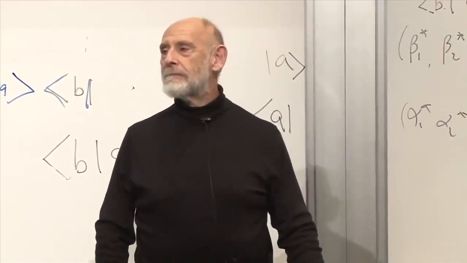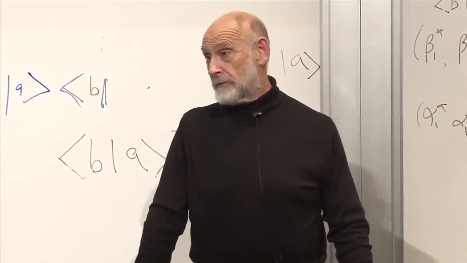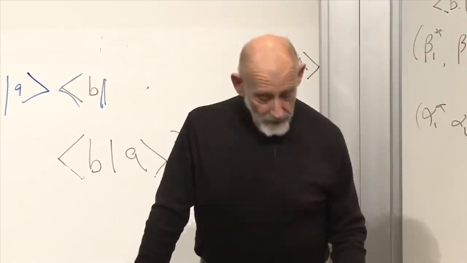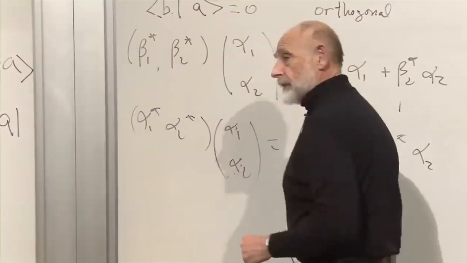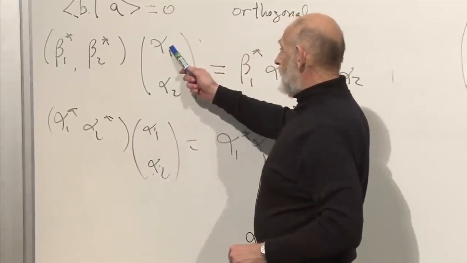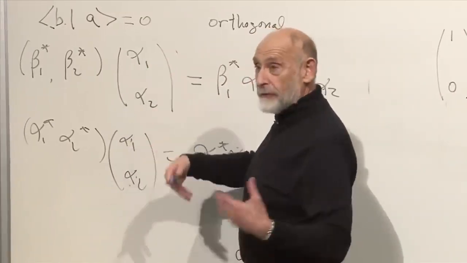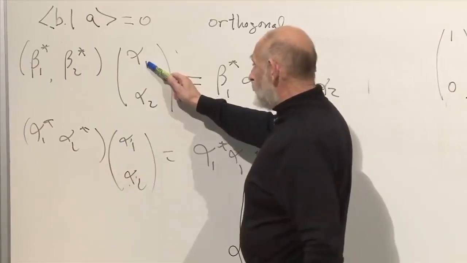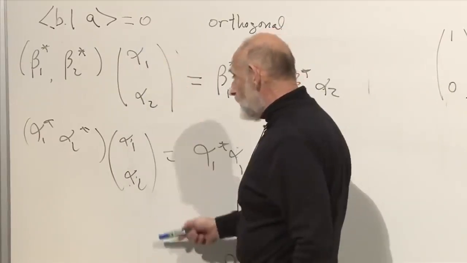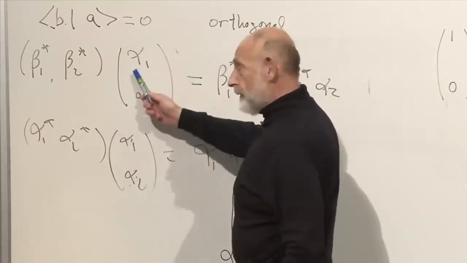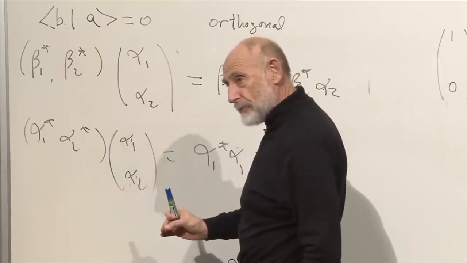All the postulates apply to a vector space of functions, for example, as well. It does. It's just less obvious. A vector space of functions can be thought of as column vectors, but where the entries are continuous. So we have alpha. Alpha is the function, and alpha of the first entry, alpha of the second entry. Instead of that, we have a continuous family of alphas. Alpha evaluated at point x1, alpha evaluated at point x2, alpha evaluated at point x3.